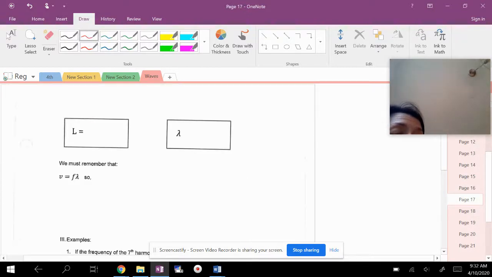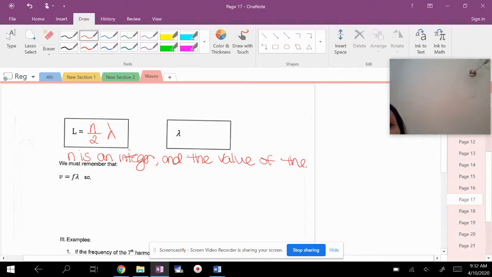So my equation would be L equals n over 2 times lambda, where n is an integer, first of all, and the value of the harmonic.